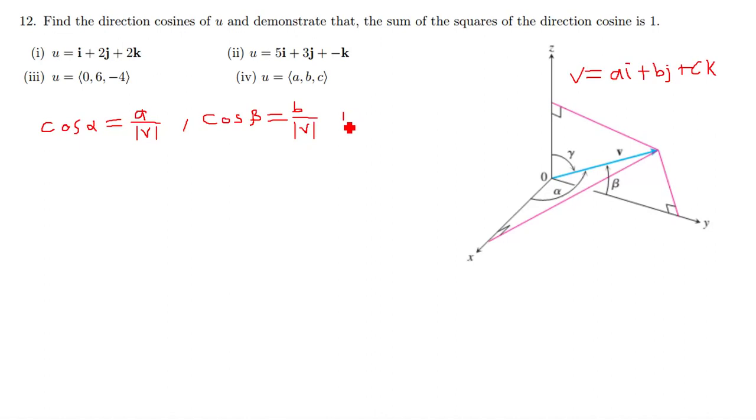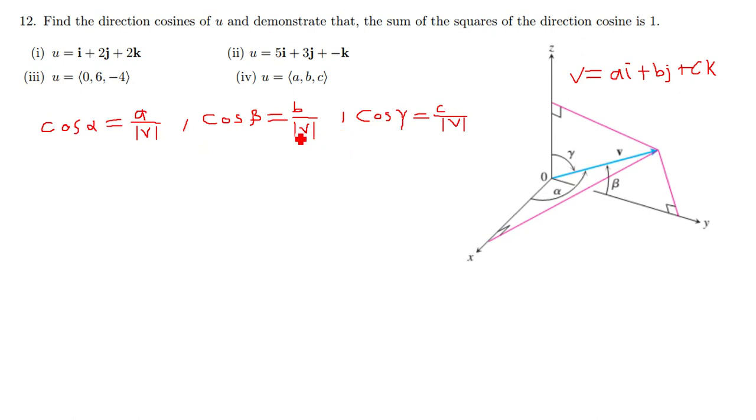And then the other one that we have in 3D is cos gamma being equal to c over the magnitude of v. So these are the direction cosines that we have. And if you've been told to find the direction cosines, this is what you do.